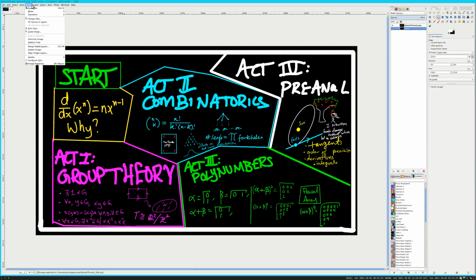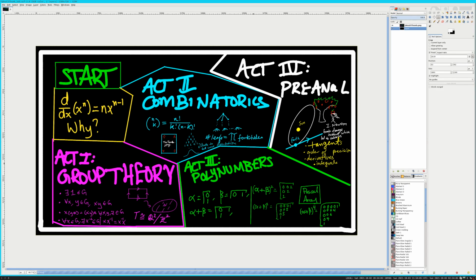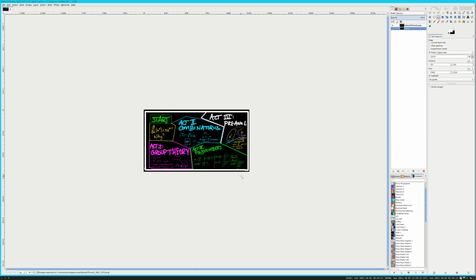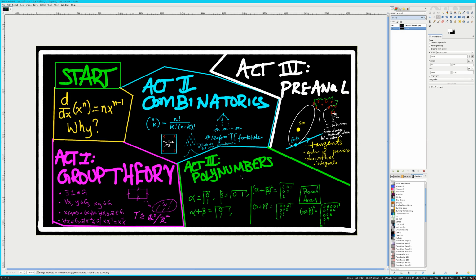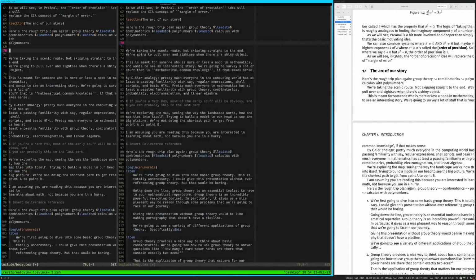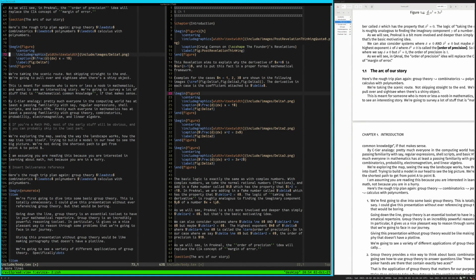Okay, and then image, rescale, 1280. There we go.